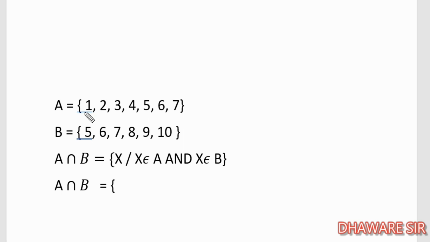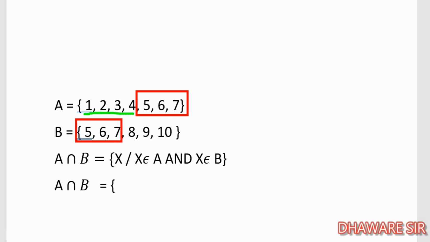Is there a 1 in B? No, so 1 is not a common element. 2 is also not a common element. 3, 4: up to 4 there are no common elements. But 5, 6, 7 are common elements in both sets A and B.